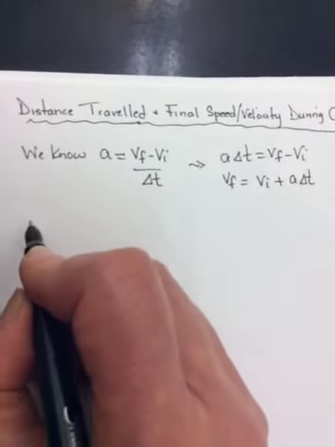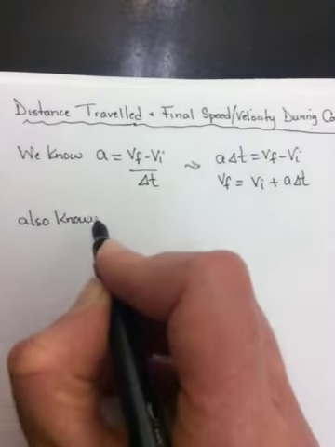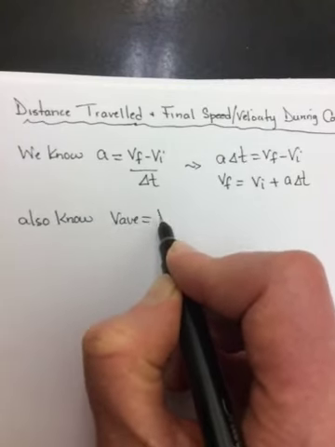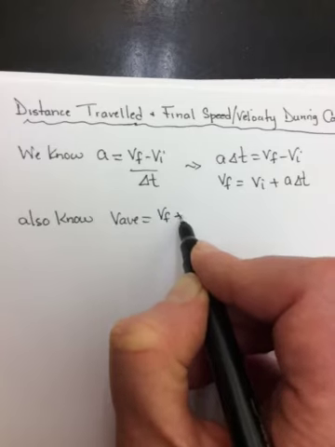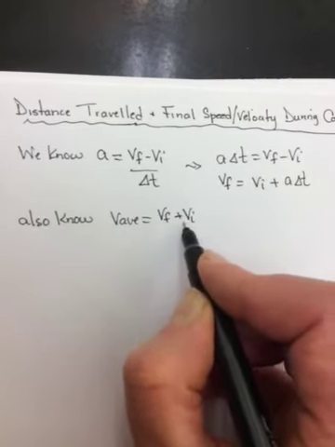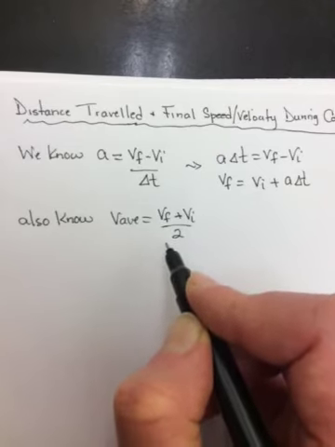Now another equation that we also know is v average. And we know the average of anything is like the average of grades: add one plus another divided by 2. So we can find an average velocity by adding the final to the initial and dividing by 2.